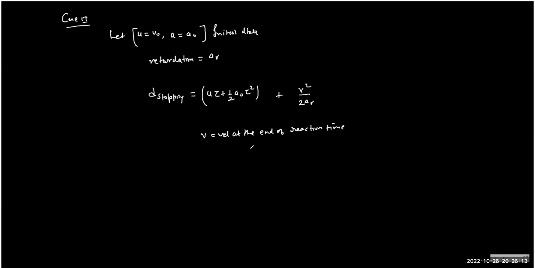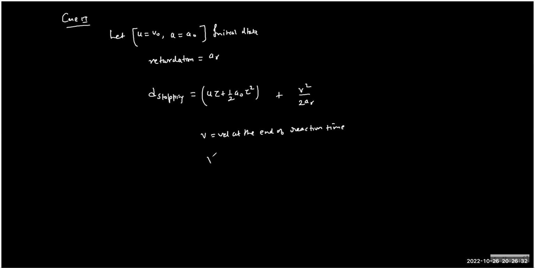V naught is the velocity at the beginning of reaction time, and V is the velocity at the end of reaction time, because the braking distance will take care of that velocity which you begin with in the braking distance, right?